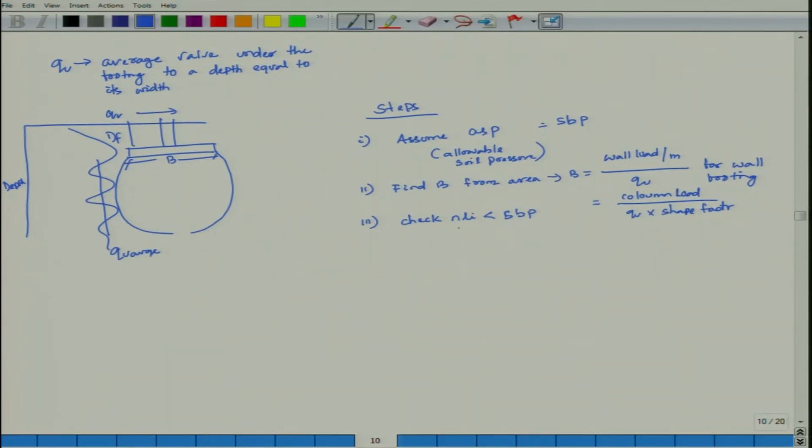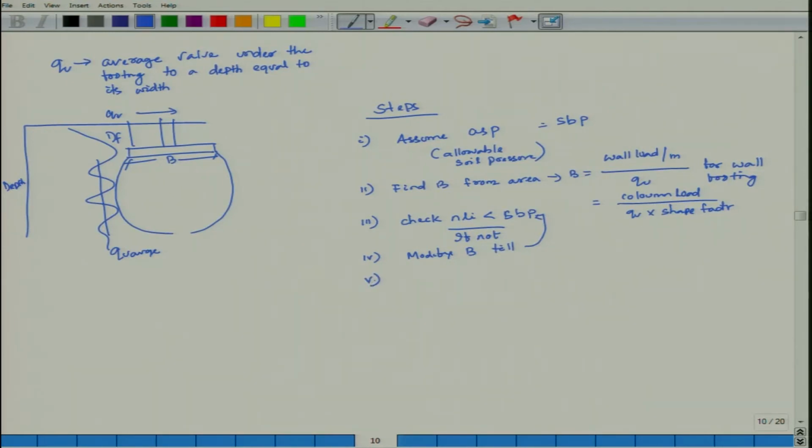If it is not satisfied, then modify the value of B till it satisfies these conditions.